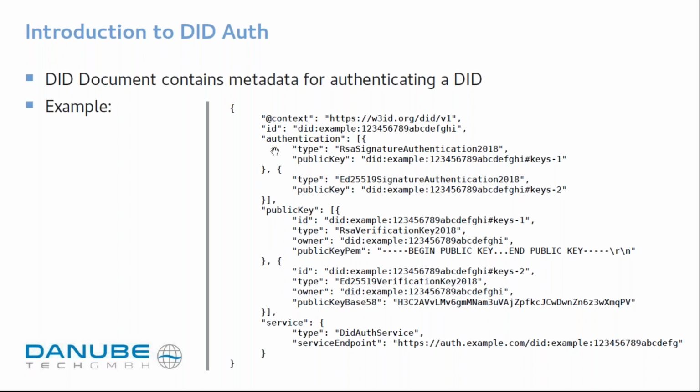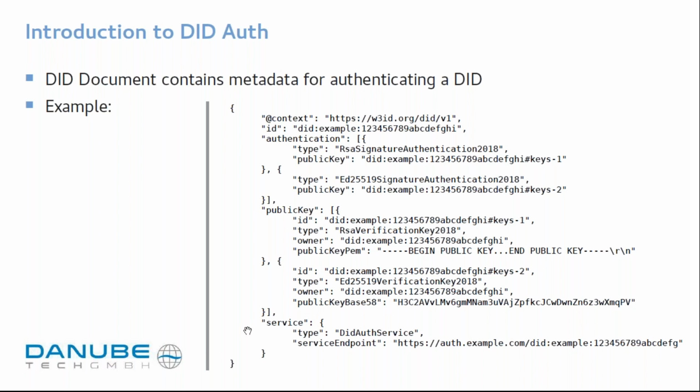We can find authentication suites or authentication instructions, basically telling us how we can authenticate this DID, which is connected to the public keys. As we will see later, DID Auth heavily relies on signatures and public key cryptography.